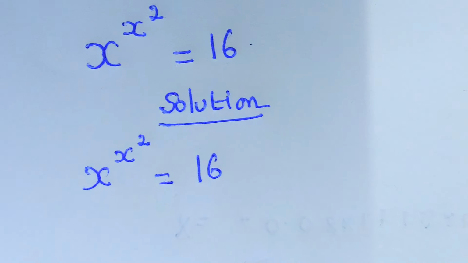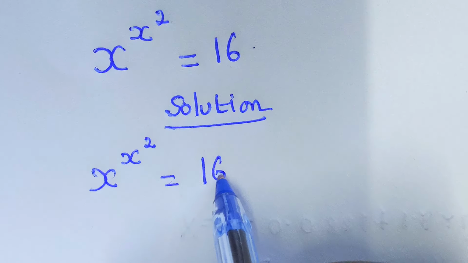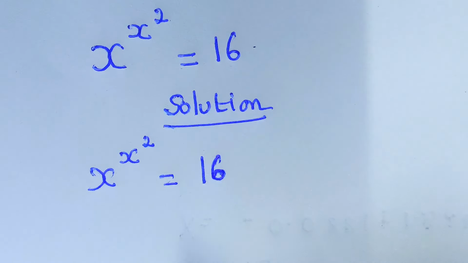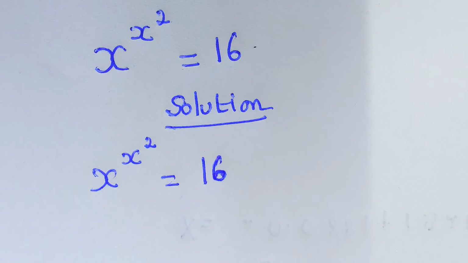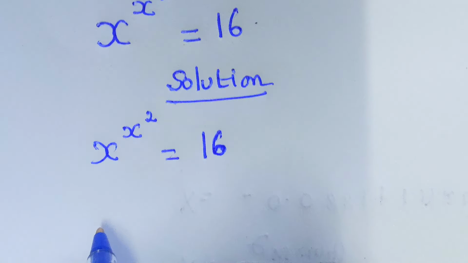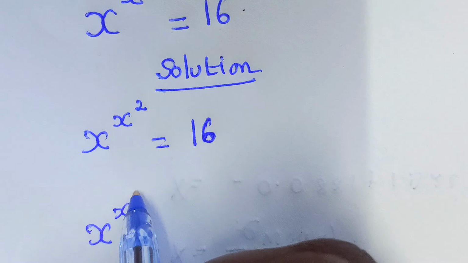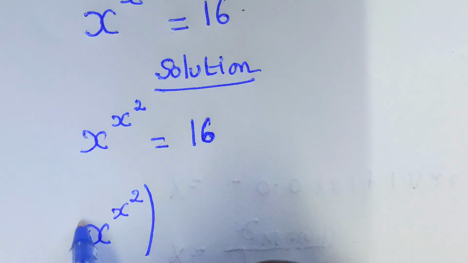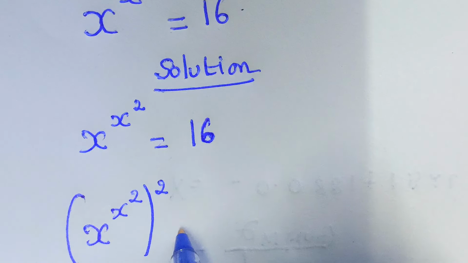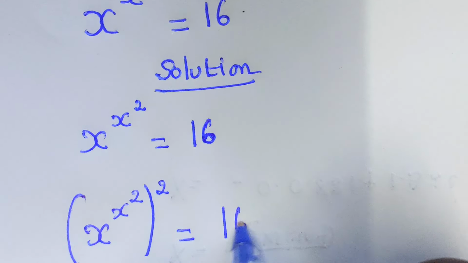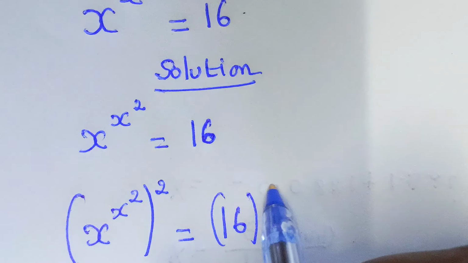Okay, and of course right here for me I'm going to square again as we have it right here. So that we shall say x power 2, then power 2, equals 16 power 2.